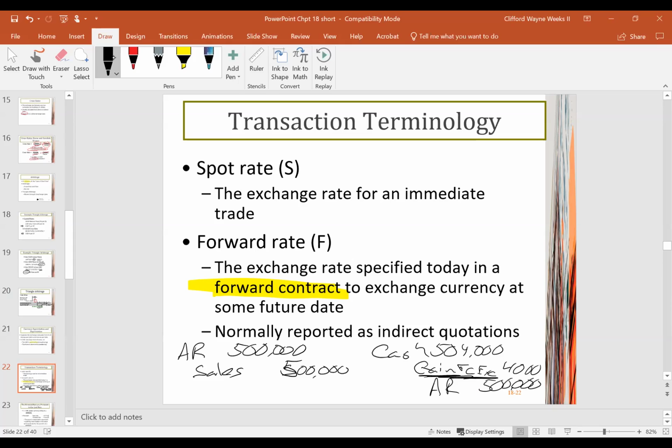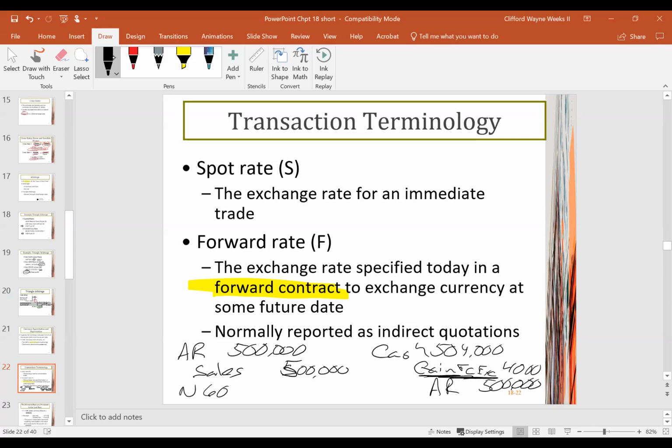And so we can actually lock in the exchange rate by using these forward contracts. So let's just say this was net 60. We could buy a 60-day forward contract, guaranteeing that we'd have a specific exchange rate sometime in the future.